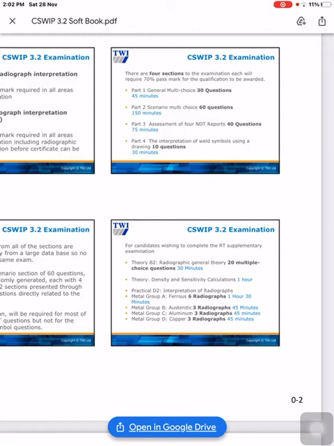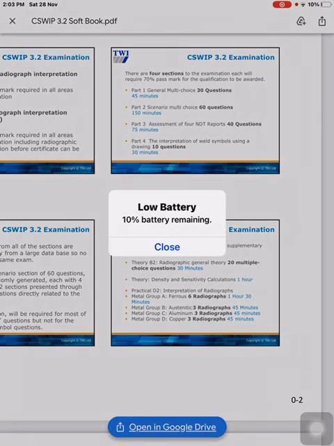So the last part, RT, will contain general MCQs, which I already told you will be approximately 20 questions, and you need to get 70% of the questions right to pass this portion.